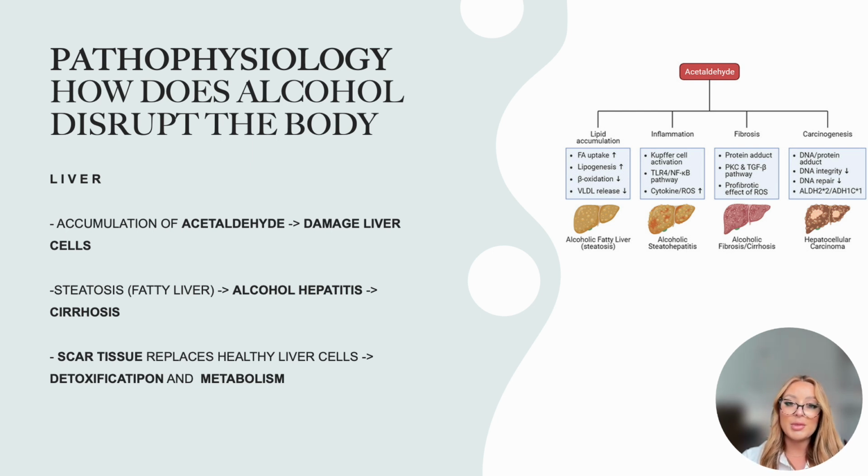Over time, inflammation turns into scar tissue, a condition we call cirrhosis. Once scar tissue forms, the liver can't do its normal jobs like detoxifying blood and managing metabolism. That's why liver failure is one of the most serious complications of long-term alcohol abuse.